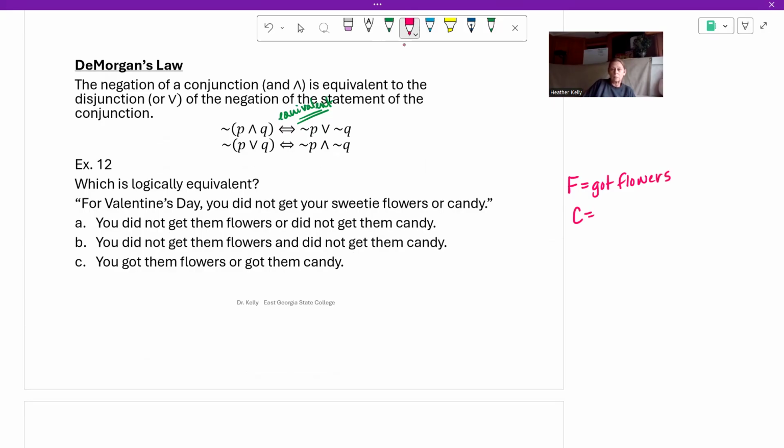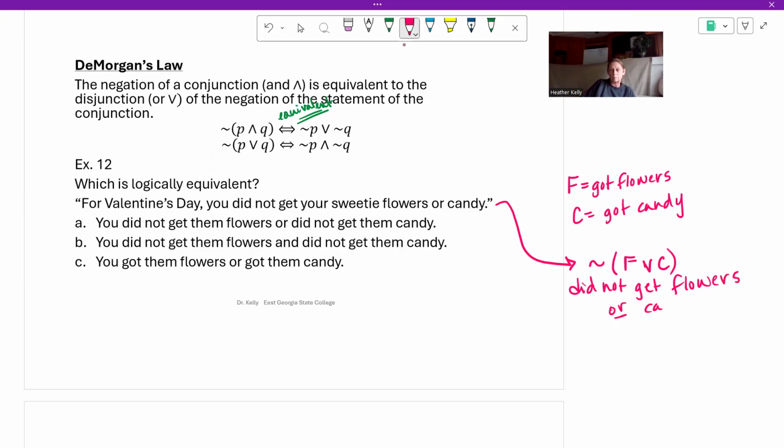C is got candy. And if we want to write, you did not get flowers or candy, that's what that notation is.